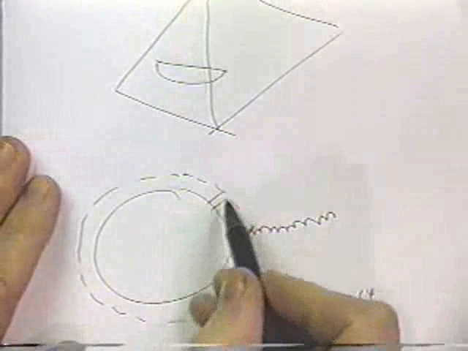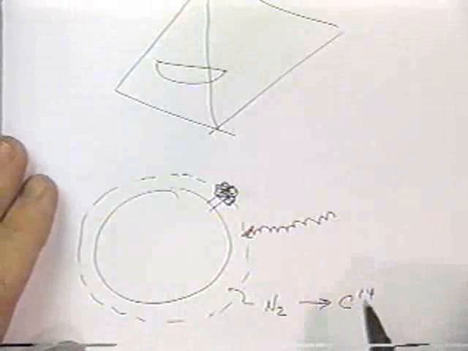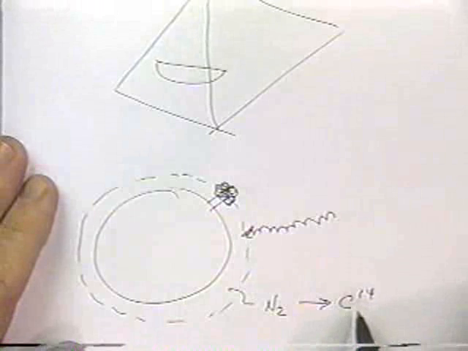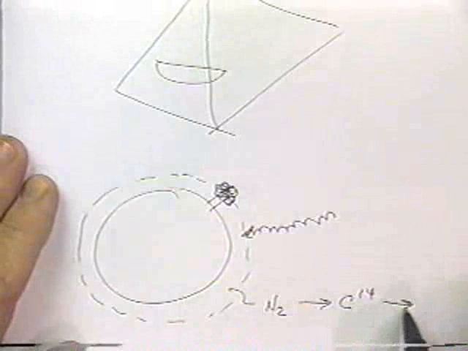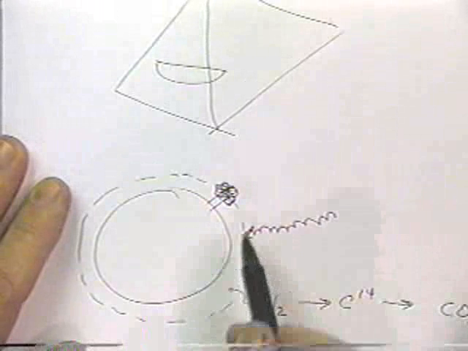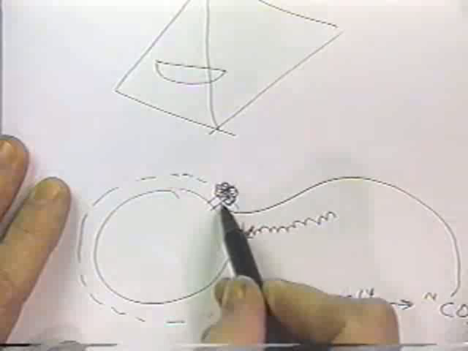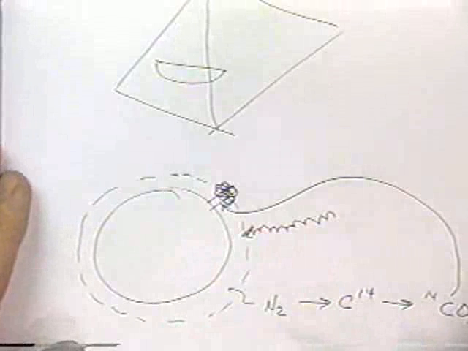Then we have a tree, which is busy growing on the surface of the Earth. And what happens is the carbon-14 that's in the atmosphere ultimately ends up as carbon dioxide. It'll burn up with the oxygen in the atmosphere, and that carbon-14 will get incorporated into the wood of that tree.